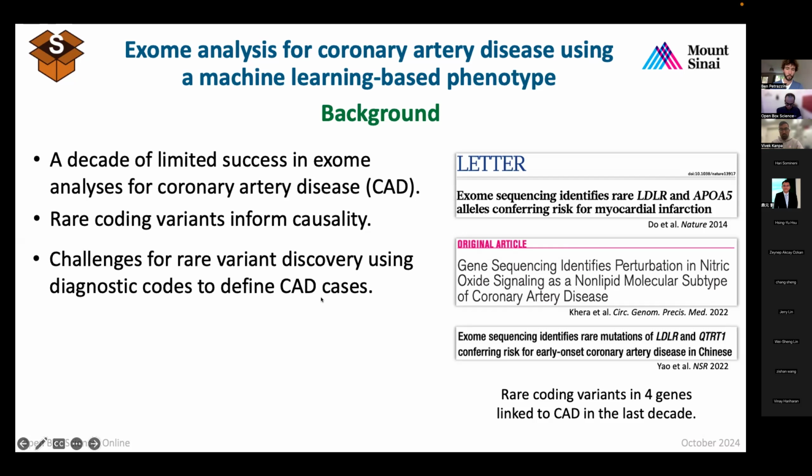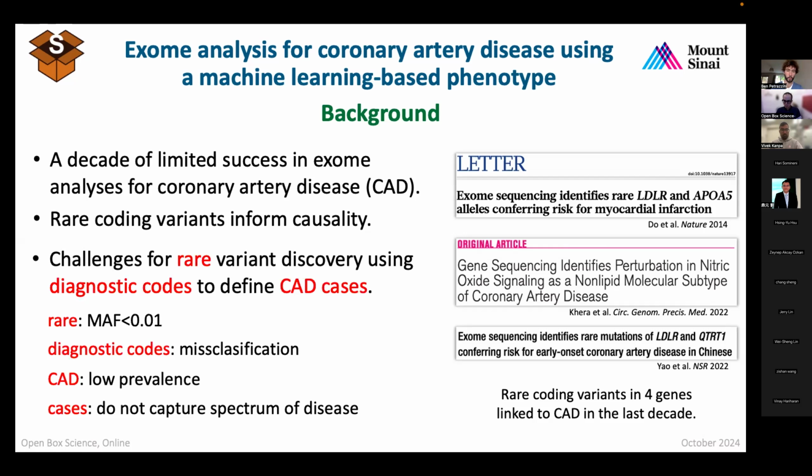And so why is it so challenging to identify novel rare coding variants for CAD using the traditional phenotypes of CAD cases and controls defined based on diagnostic codes? So we can think of 4 main challenges and reasons.